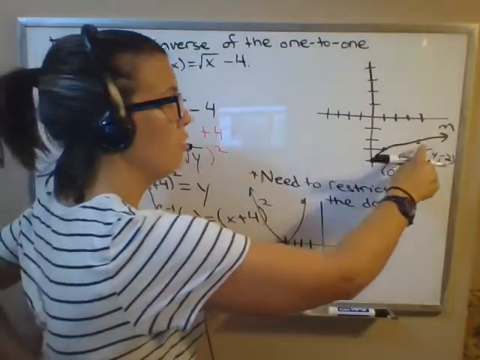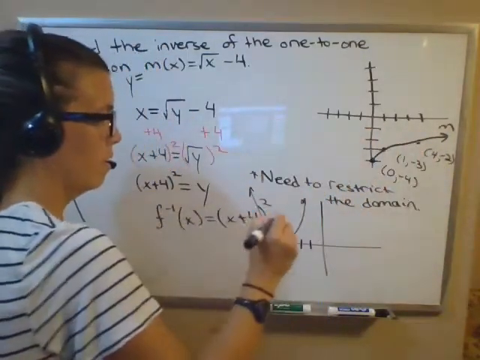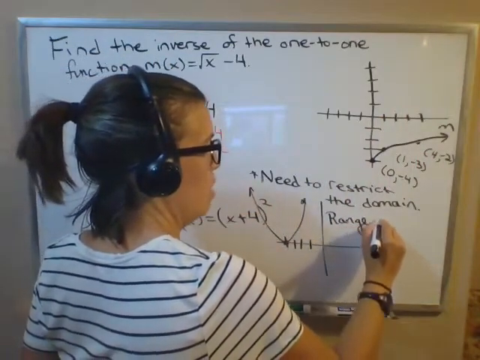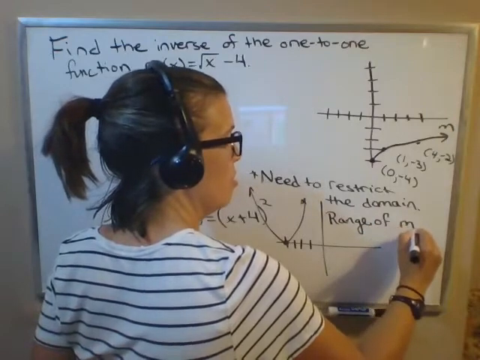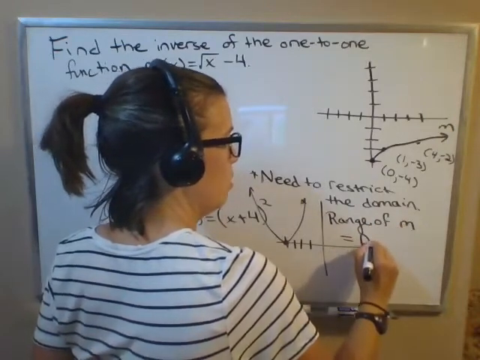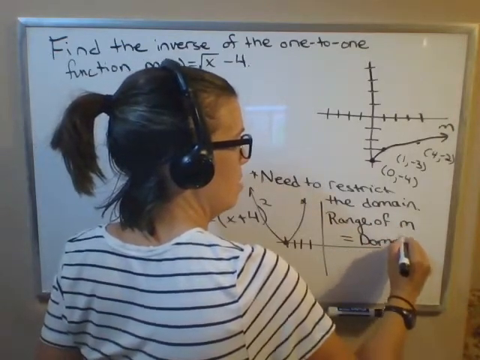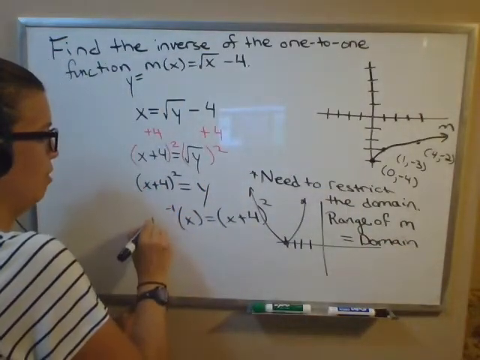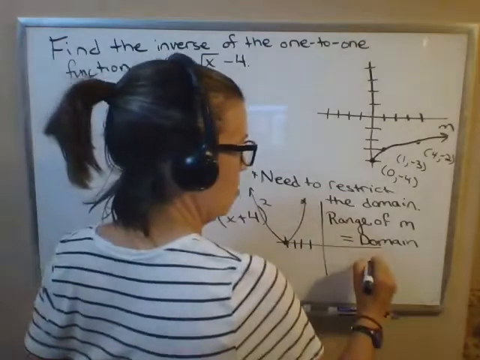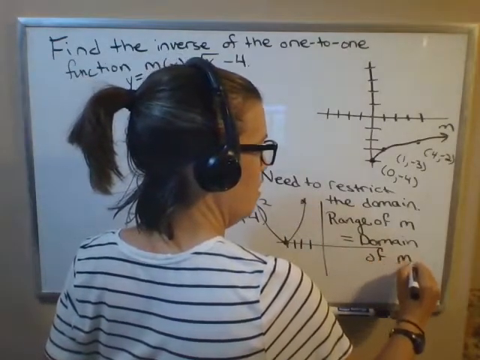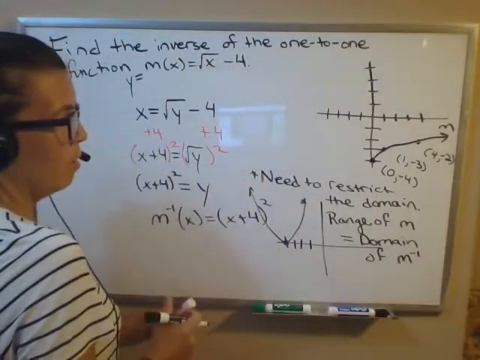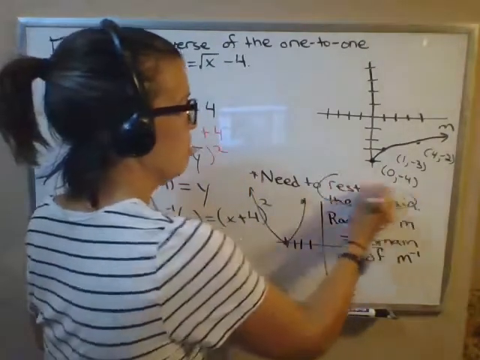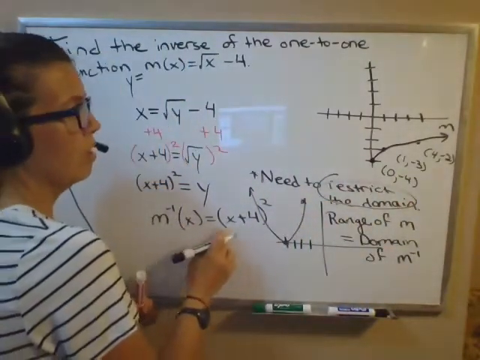So the range of the original function m would equal the domain of the inverse function. I wrote f inverse over here. This should be m inverse. Domain of m inverse.